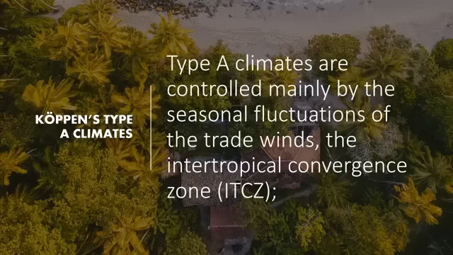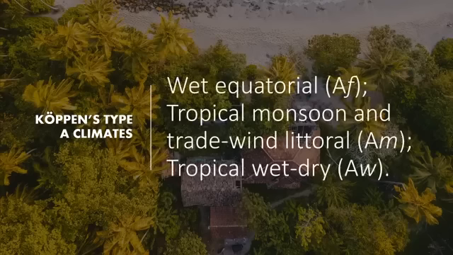Okay. So type A climates are controlled mainly by seasonal fluctuations of the trade winds. So these are the intertropical convergence zones that I mentioned earlier. We have three types. We have the wet equatorial, which is type Af. We have the tropical monsoon, which is the climate Am, and the tropical wet-dry, which is the type Aw.